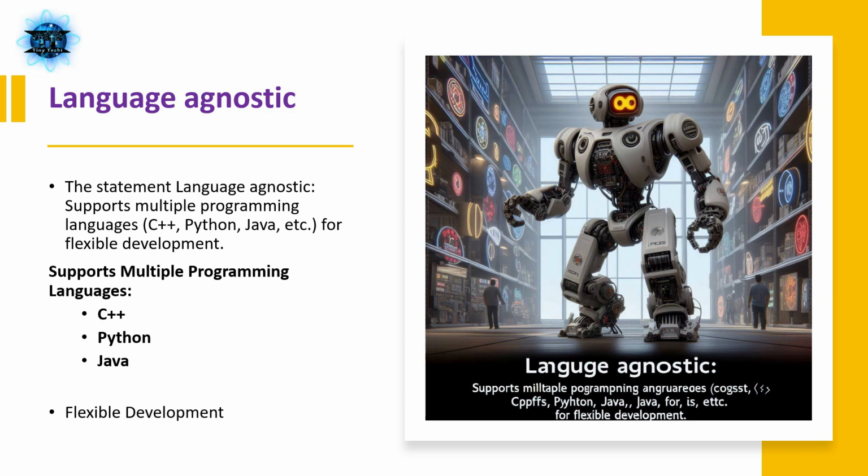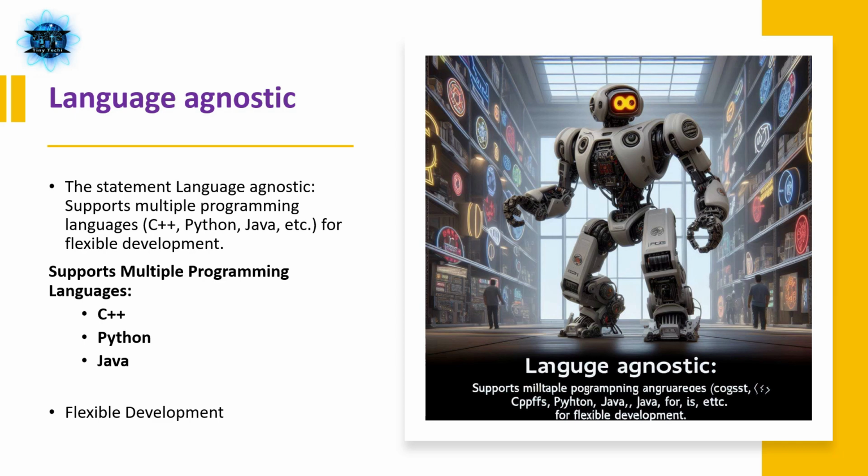Language agnostic means ROS2 does not stick to just one programming language. This means developers can use different languages based on what they like or what the robot needs. It's like having options, and it supports multiple programming languages.